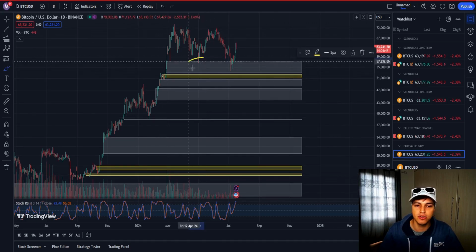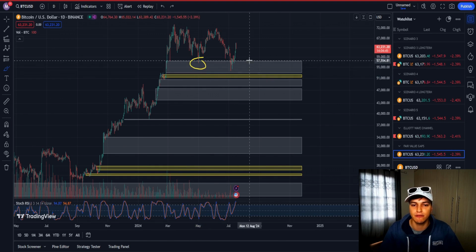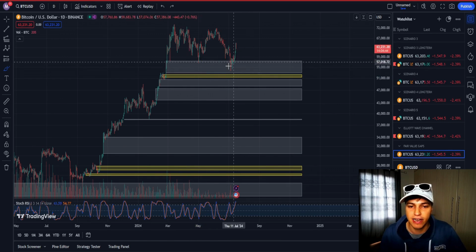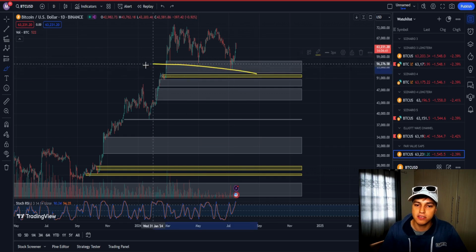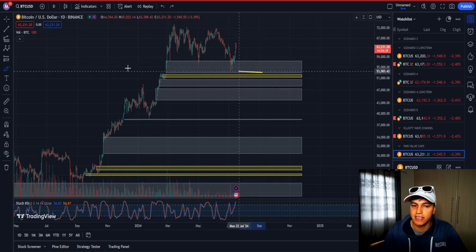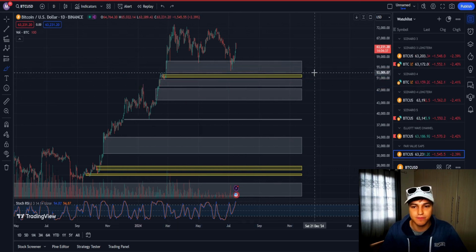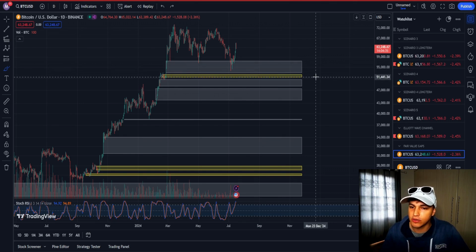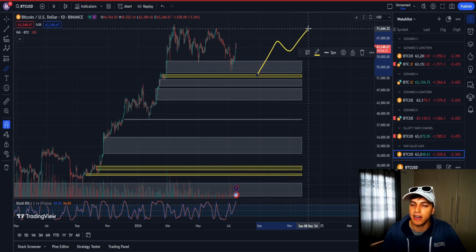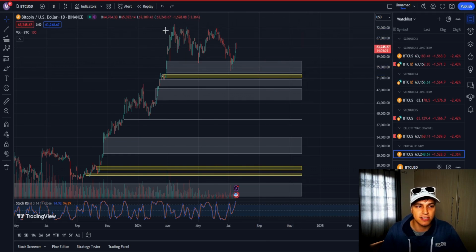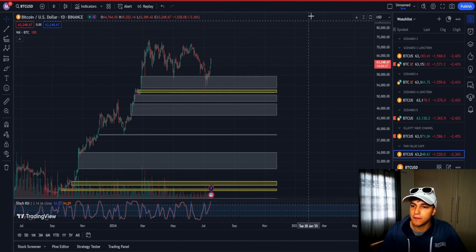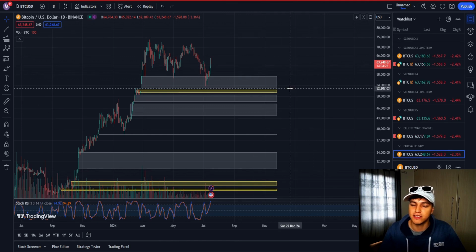This has now been used as support twice, which is very rare for a fair value gap to not be filled. This order block, the yellow box, also still sits at around the $52,000 to $51,000 level. That could also provide massive resistance or support into that $85,000 to $100,000 region.